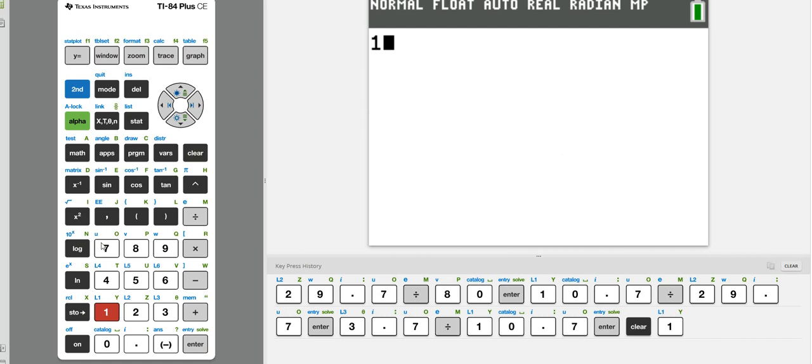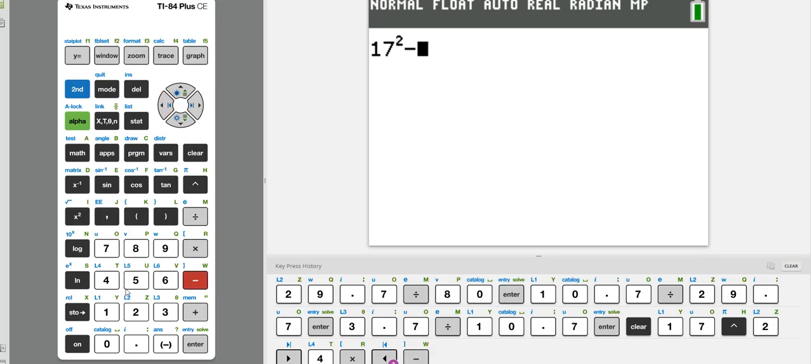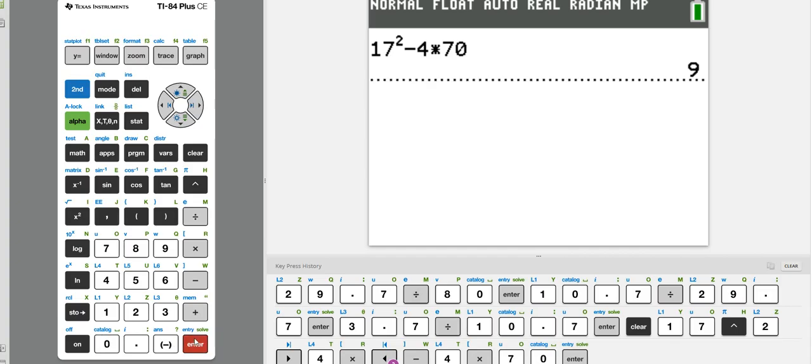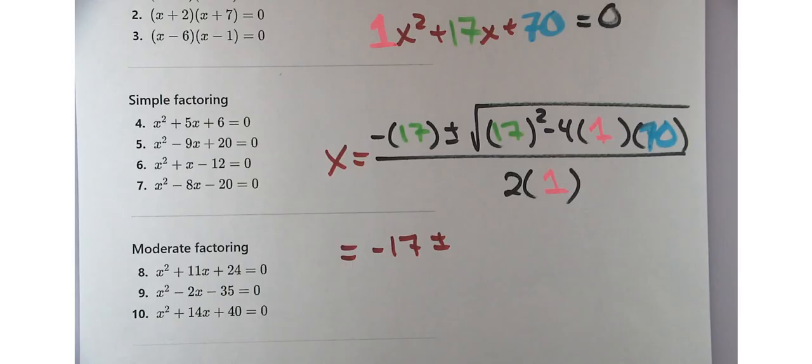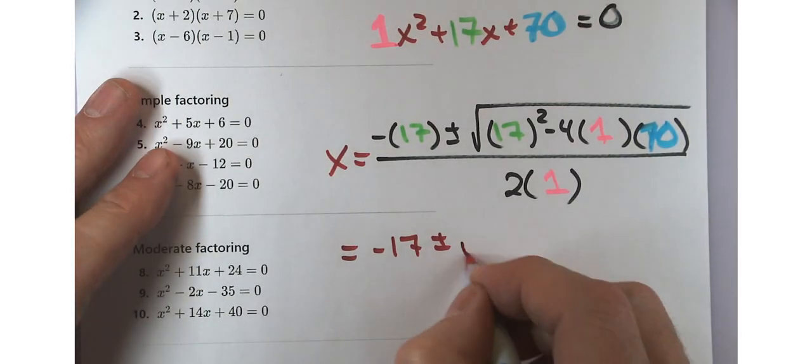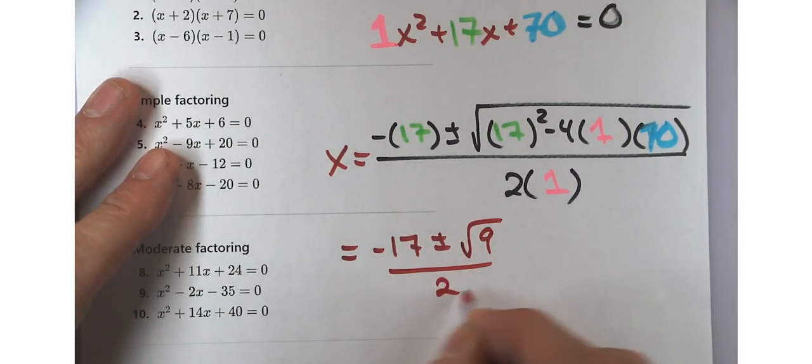So 17 squared is 289 minus 4 times 1 times 70, which is 280. Whoops, how about a minus there? Minus 4 times 70 should give me a 9. So there you go. That's a little bit easier now. So I'll just put plus or minus the square root of 9 over 2.